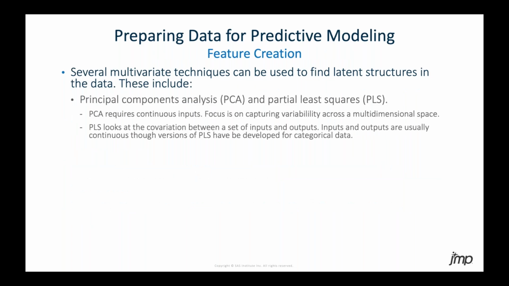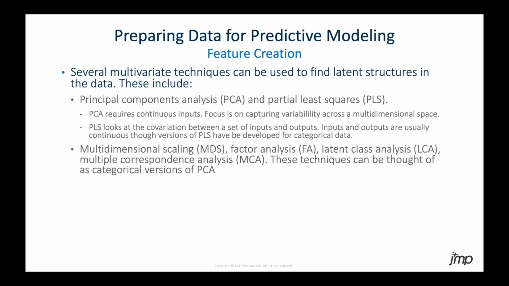There are multivariate techniques to find latent structures. I didn't talk about that. Principal components analysis and partial least squares are good for continuous variables. There are some techniques that can be used for categorical variables in terms of reducing dimension. And again, here the idea is that the fewer columns in the data set that I have, the more computationally efficient my modeling problem is going to be.